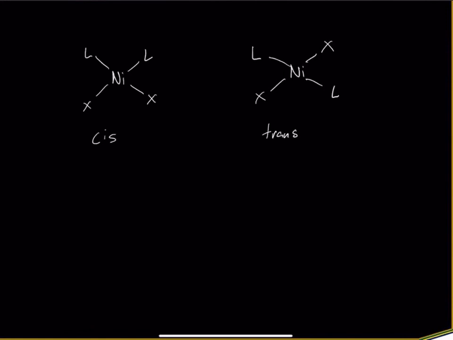So if we look at the difference between cis and trans, these are isomers of each other, right? These have different point groups that you'll need to assign. And we can actually use IR spectroscopy to determine the difference between cis and trans. So if we look at, let's say, just vibrations along our nickel X atoms, right, we can see that we have very different sets of vibrational modes that involve these particular ligands.